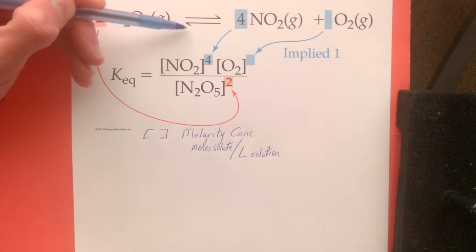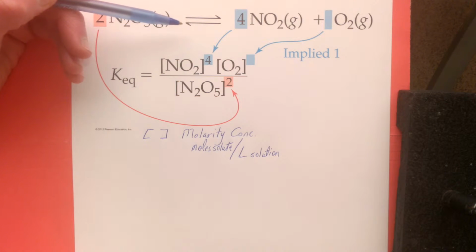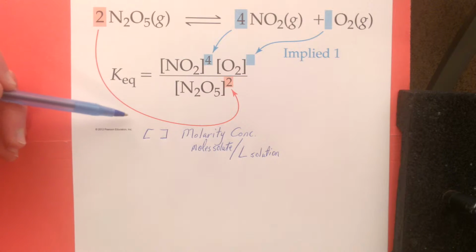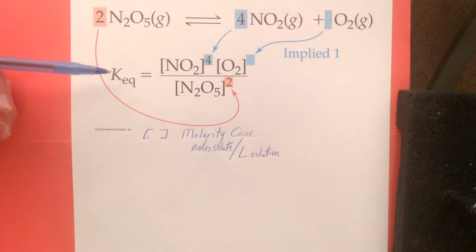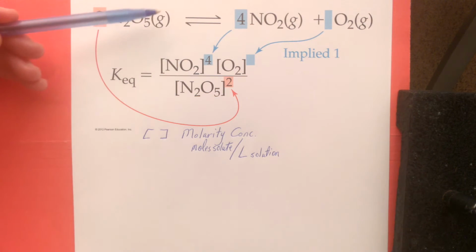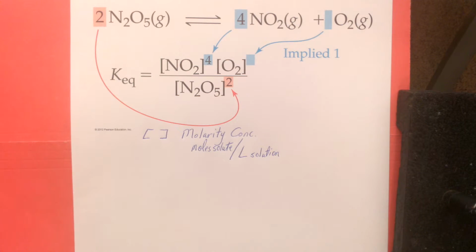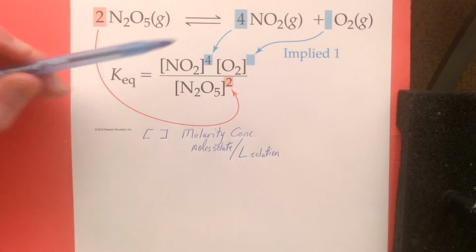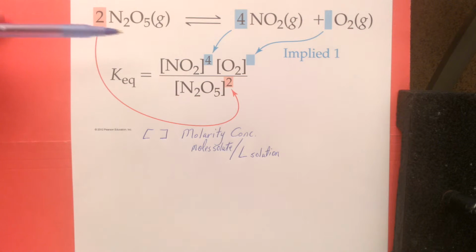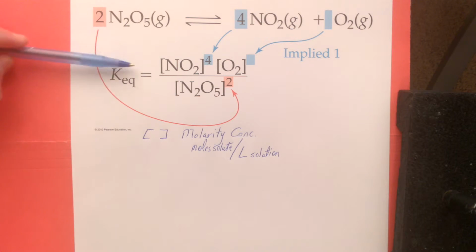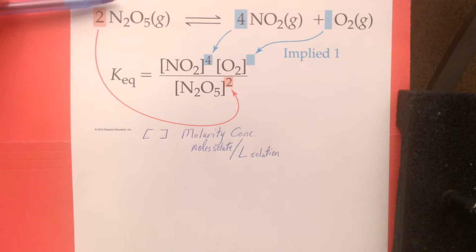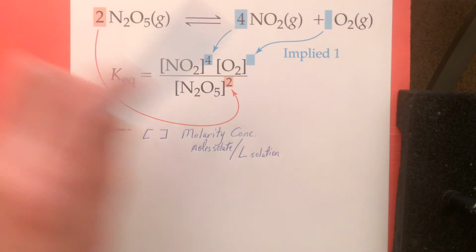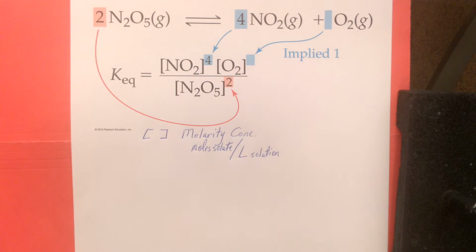We realize that it is a reversible two-way reaction, but when we write our K expressions, we write those in terms of the forward reaction. If we wanted to see what the K value is for the reverse reaction, we just do the reciprocal of it. Just flip it over. So always write your equilibrium expressions in terms of the forward reaction, so it'll be the products over the reactants.